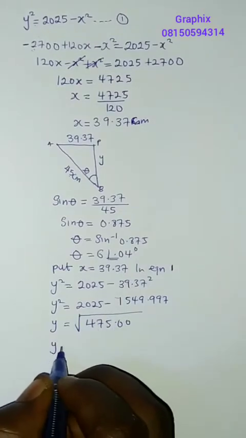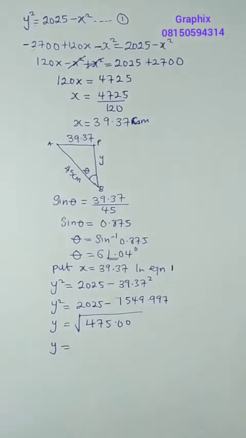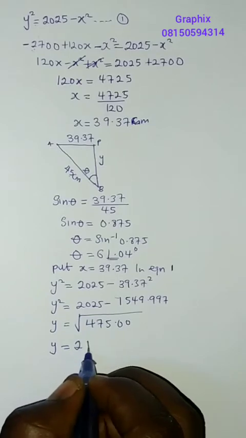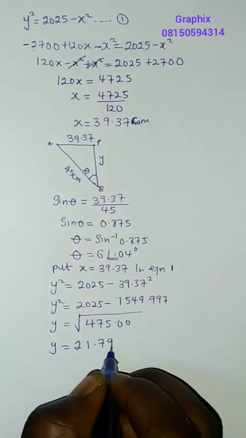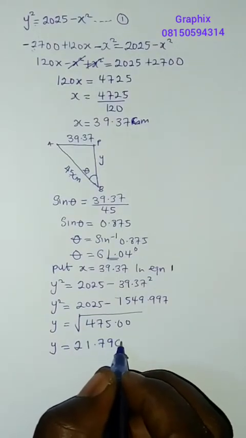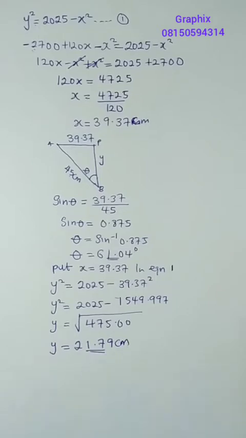So my y will now give me the square root of that. So we're having my y to be 21.79 centimeter. That is my y.